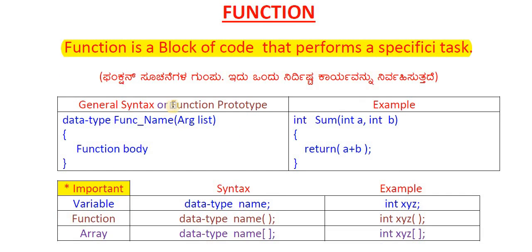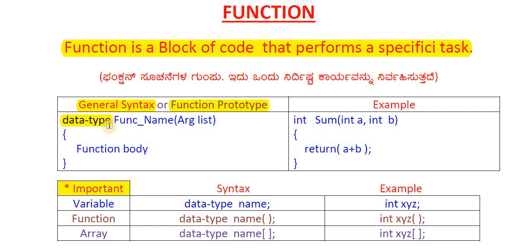So how to create a function? The general syntax is also known as the function prototype. Function prototype means how to create a function. To create a function, we have to use a data type. The data type will depend upon the type of output. What type of output is given by this function?